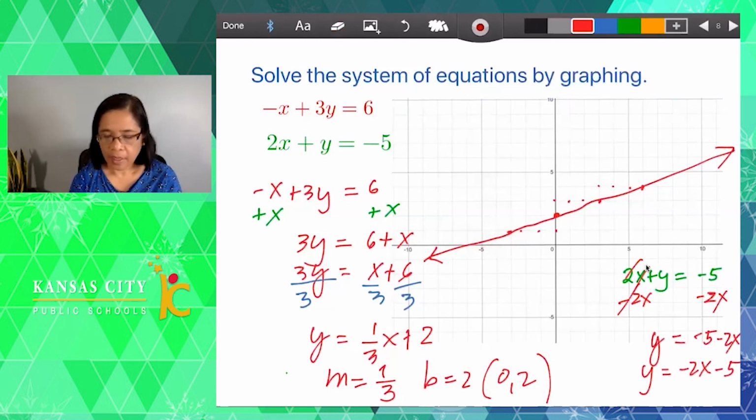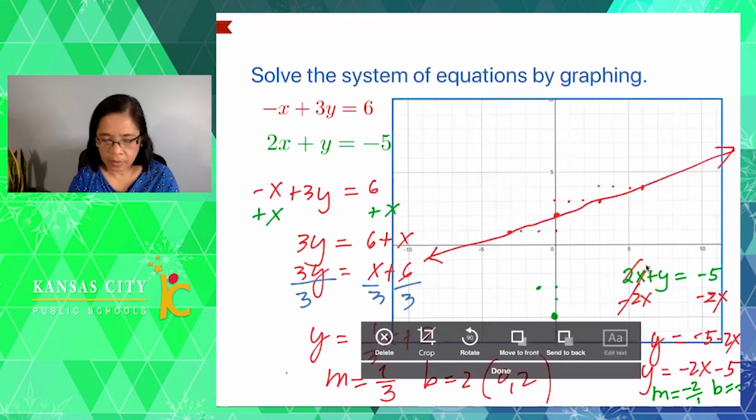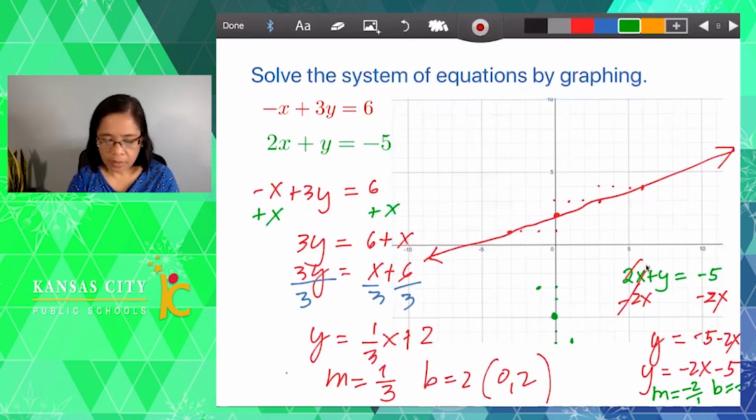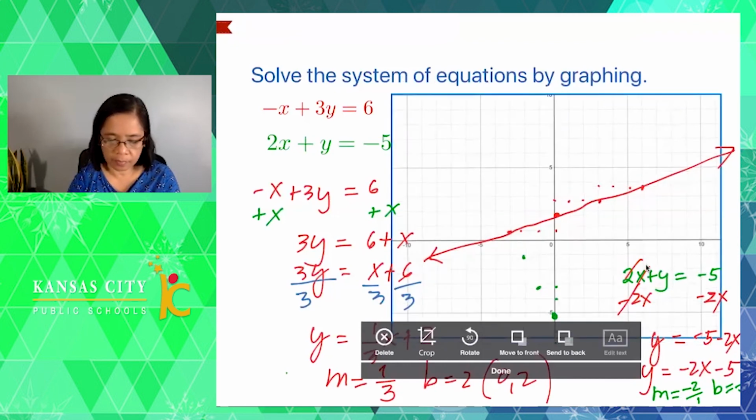Our m is negative 2 over 1 and b is negative 5. Let's start with our b, negative 5. The slope of negative 2 over 1 means opposite directions: you can move 2 down, then 1 to the right, or you can move 2 up, then 1 to the left. You can continue this, 2 up, 1 to the left.